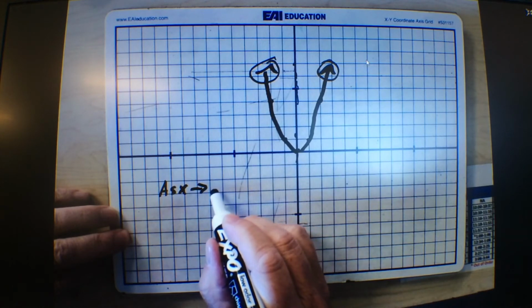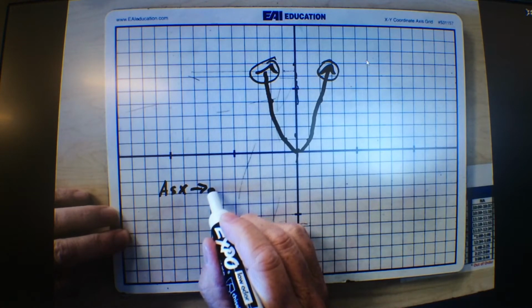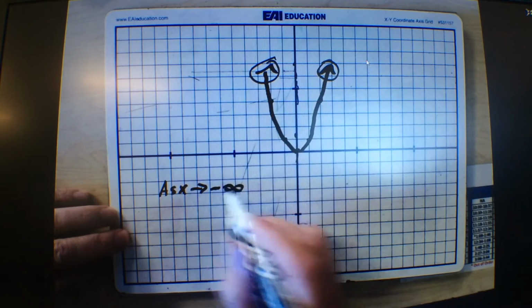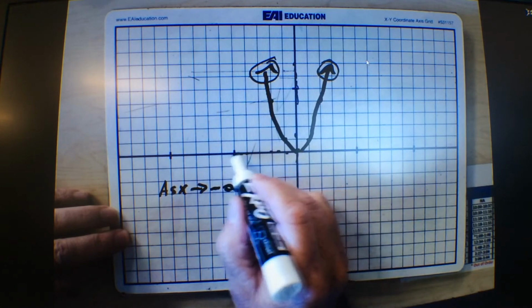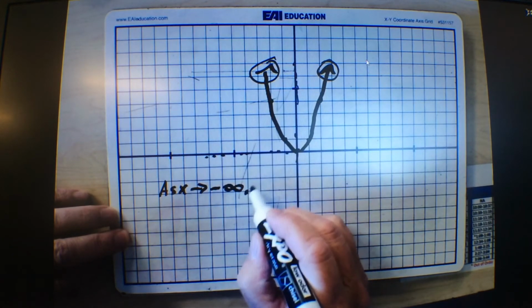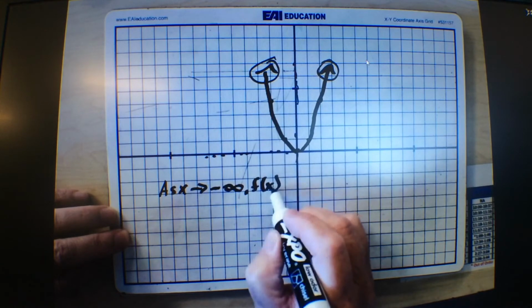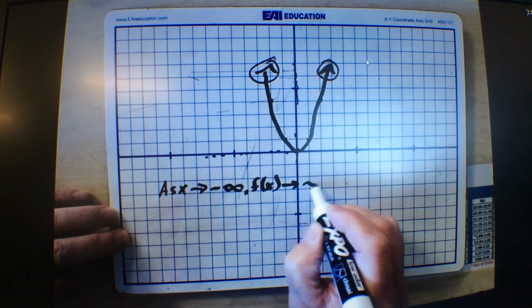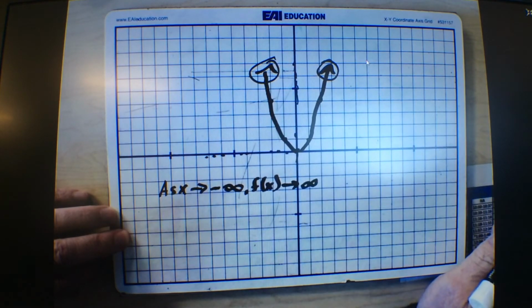What's that? As x approaches negative infinity, because we're going this way, right? F of x approaches positive infinity. It's going up. But it's to the left, though. So that's how it's always going to be? No, x is left and right, y is up and down.